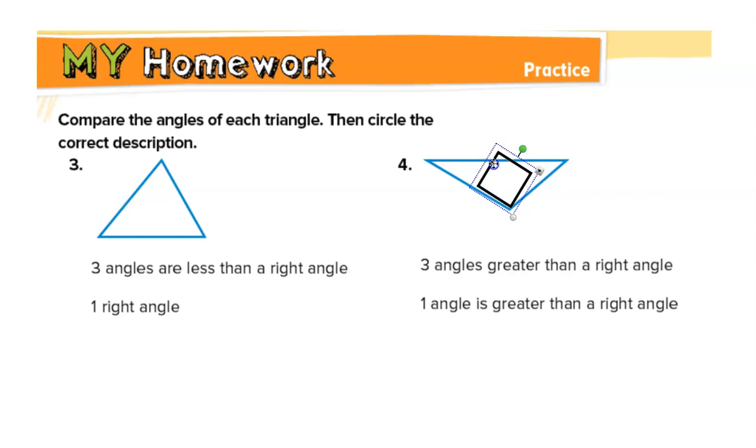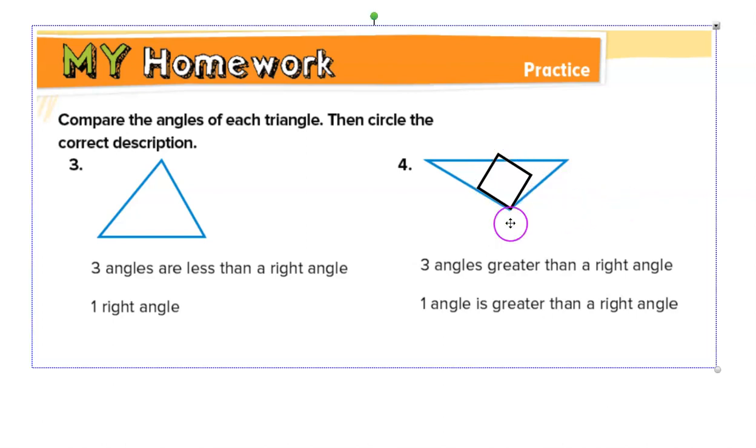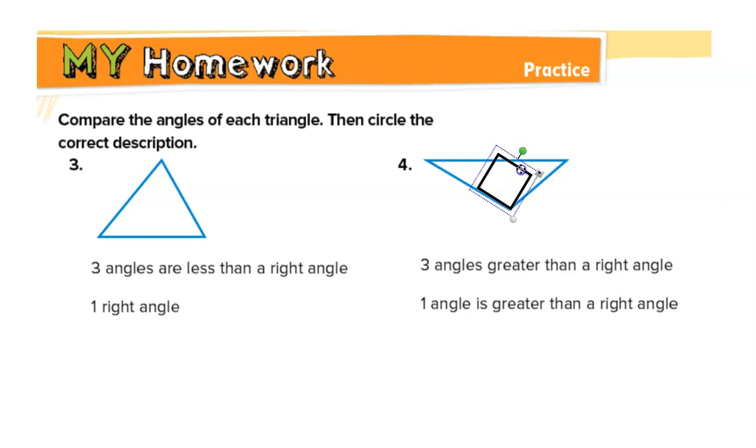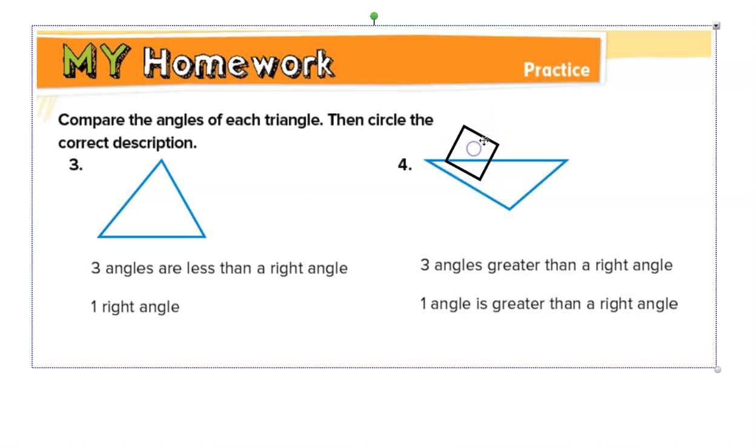So I have my square here, trying to get it kind of as close to the corner as I can. So I notice that this angle, this blue line here, is going past the square. So that means that this angle is greater than. Now let's try out these other two.